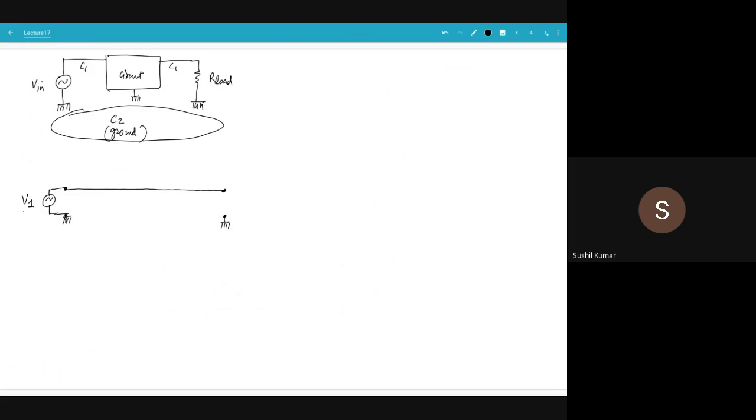So I'm going to call it V1 phasor, right? When I say phasor, that means it's a sinusoidal quantity. What do you learn in 123? What is V2? And the wire is of length L. What is V2?